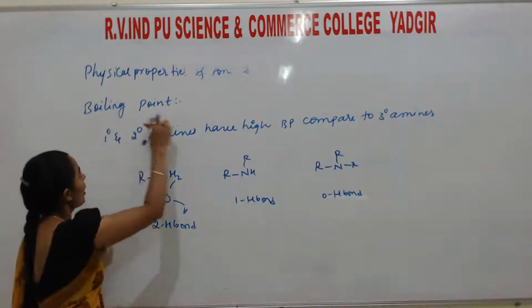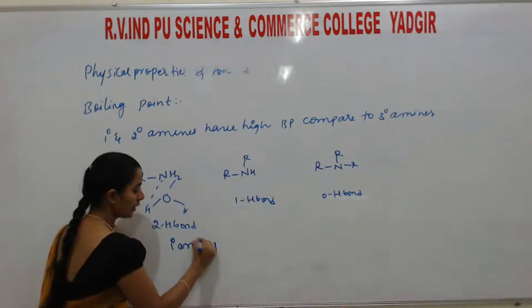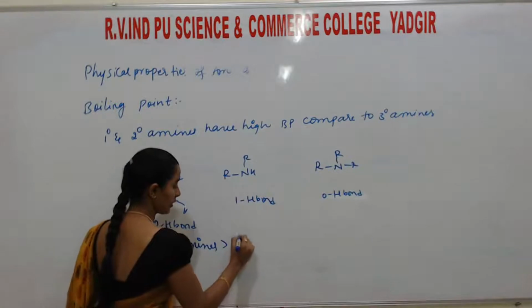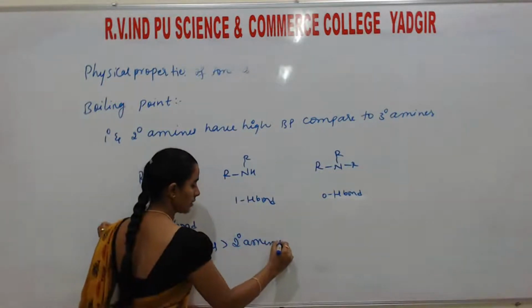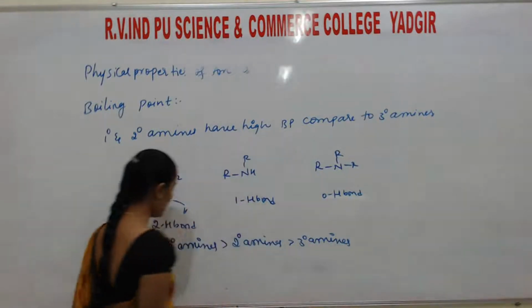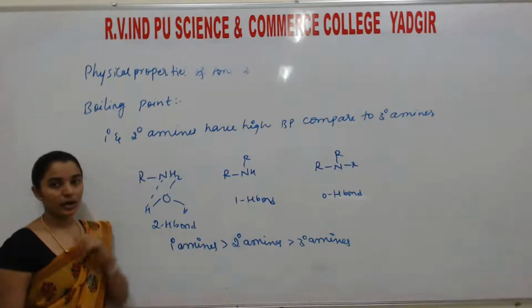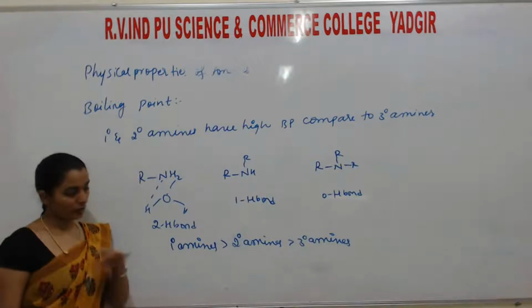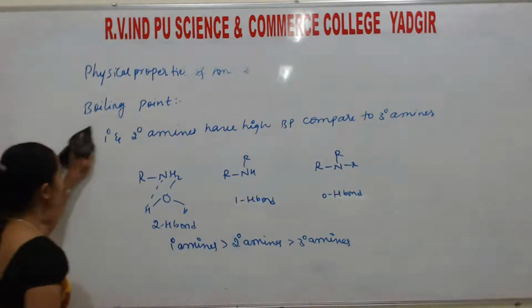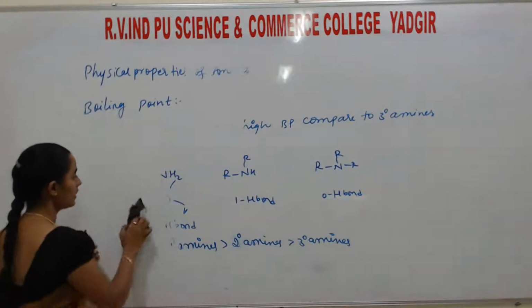That's why the boiling point is always primary amines greater than secondary amines greater than tertiary amines. You remember only this thing. So this is all about the physical properties. I will write a simple note, then you will understand easily.